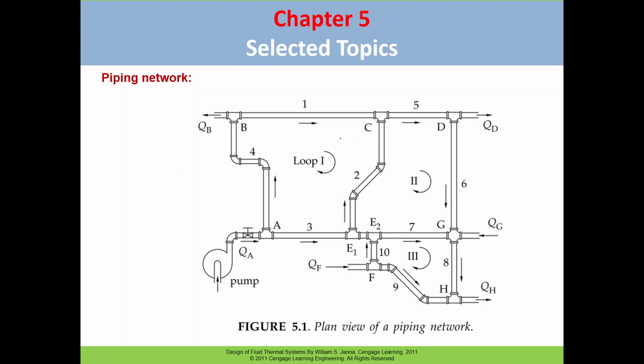Here, as you can see, your pump is supplying the liquid to this network. So this is one of the inlets to the network, and these are the exits of the network. This is, and this is, and similarly this one also, and these are the inlets. Basically this is inlet, and this is inlet, and this is inlet.